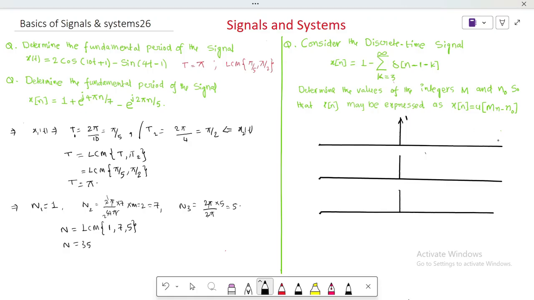So this is the one signal. So one signal having the magnitude for all values, is it?